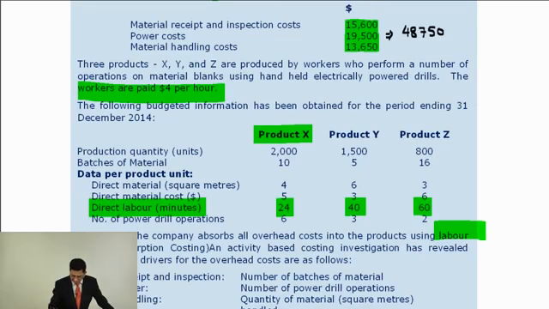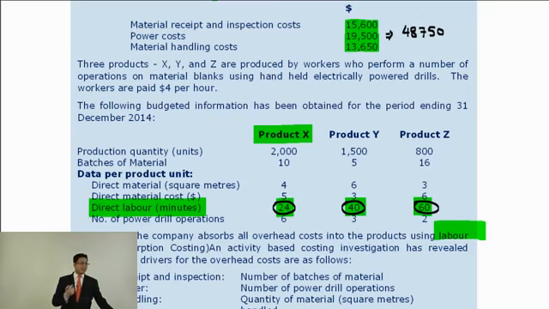Second is the labor hours. We are not given labor hours for the period 2014. We are only given time for 1x, 1y, 1z, and here we go. If we are given the time of 1x, 1y, 1z, we can easily determine the total time for x, y and z, all products for 2014, and labor hours will be done.